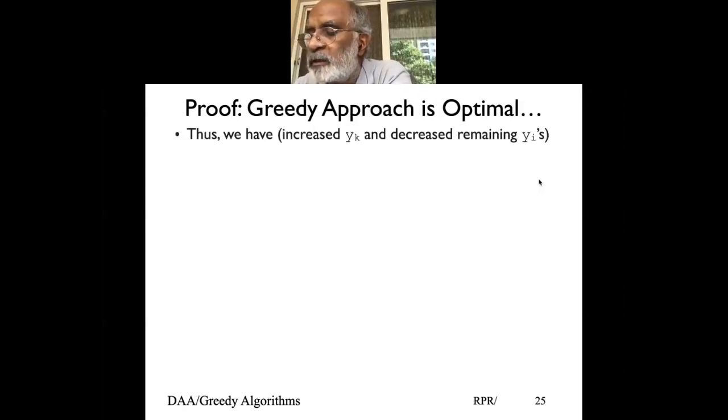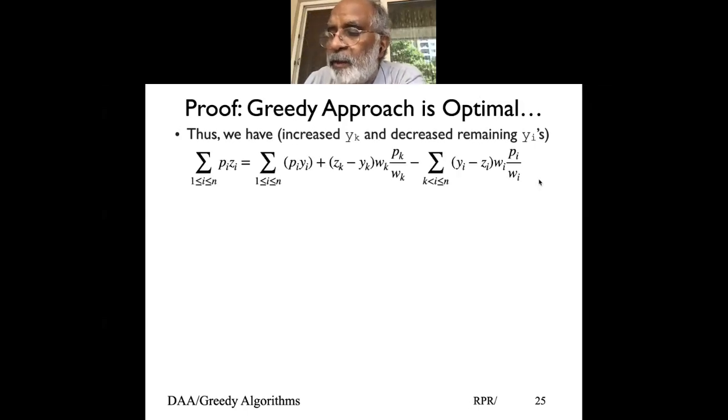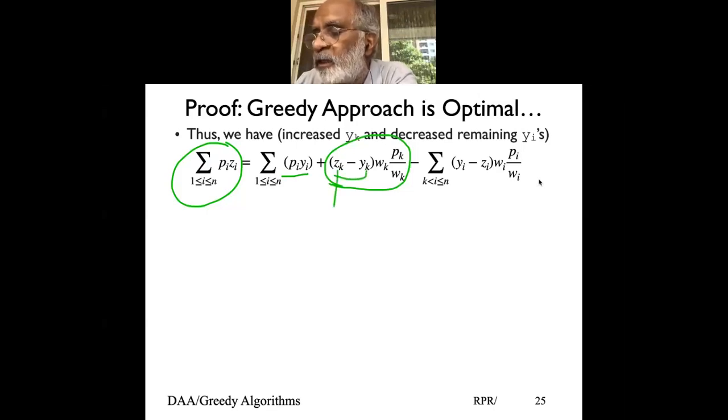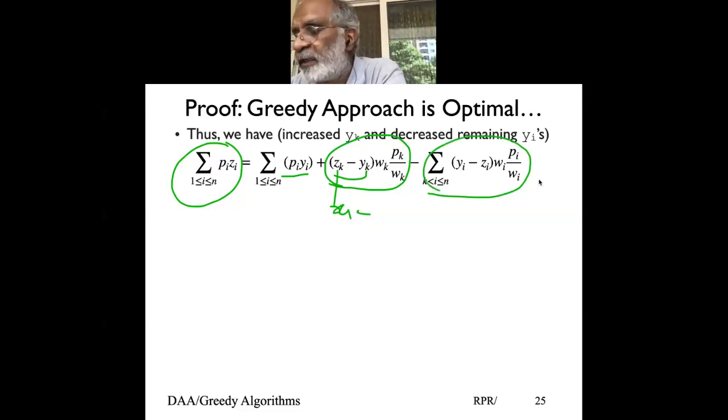Now given this, we have that my maximum profit sigma pi zi, where z is a new solution from the optimal solution by changing yk to xk, is sigma pi yi, the previous weight, plus the increased profit of the kth element, because we increase the weight of yk to zk, which is actually xk, minus the decreased profit of other items. This is what we did.